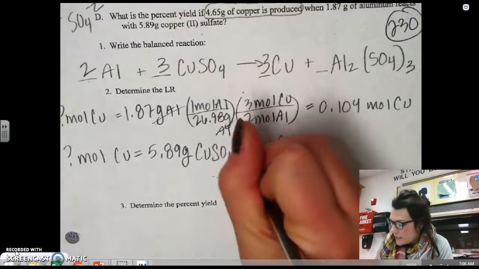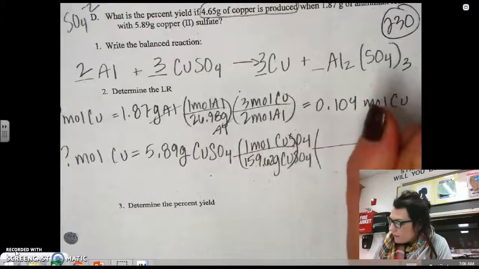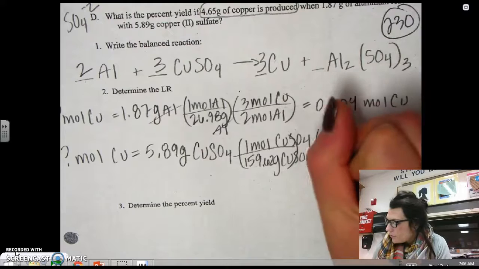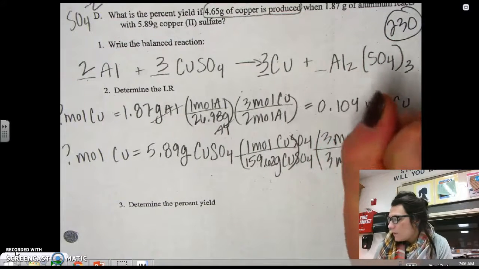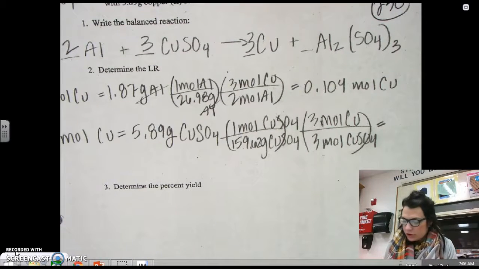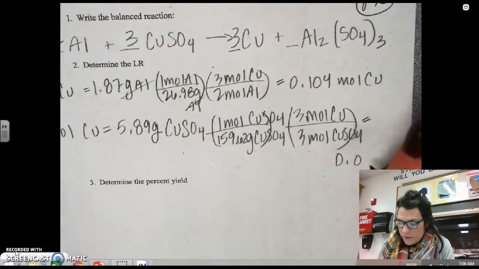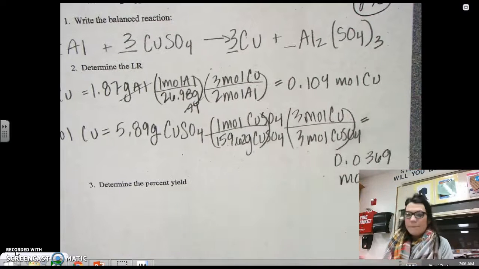I get 159.62. And then for every 1 mole of copper sulfate, I will create 1 mole of copper. Okay? So with the copper 2 sulfate, I should create, with 3 sig figs, 0.0369 moles of copper. Okay?